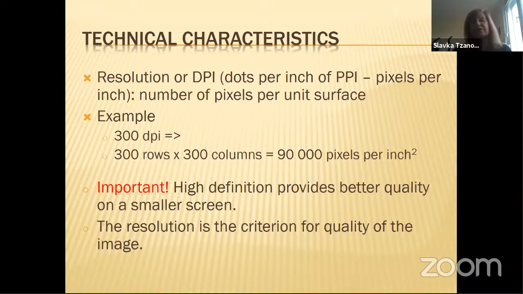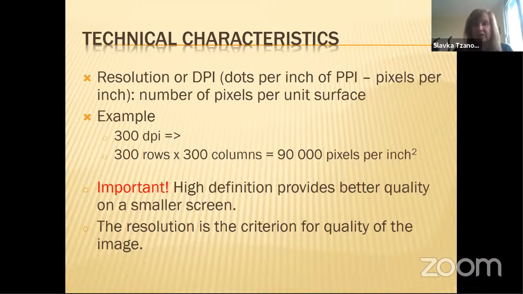So the most important characteristic is the resolution, or so-called DPI, dots per inch, or PPI, pixels per inch. This is the number of pixels per unit surface. This is important.